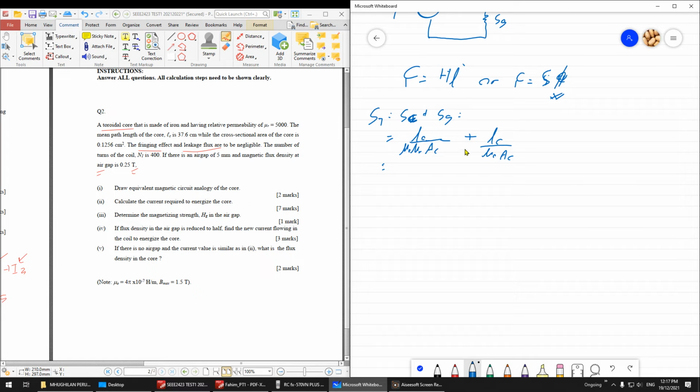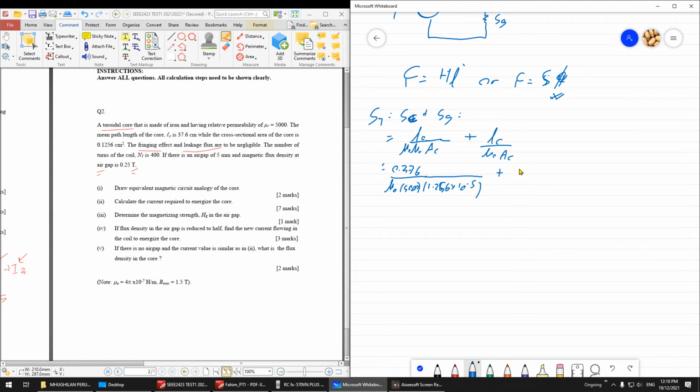So length of the core is 0.376, divided by mu naught, mu r is 5000, and A core is 1.2656 multiplied by 10 to the negative 5.